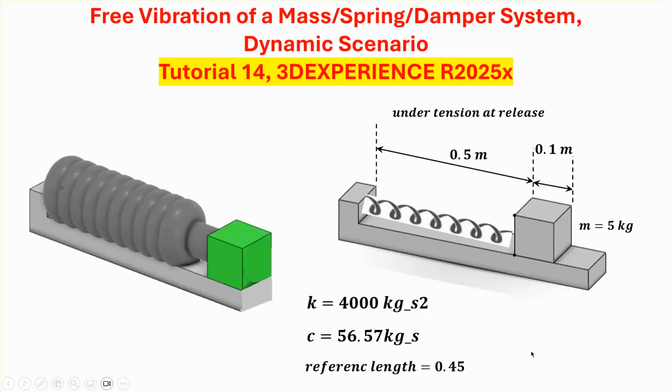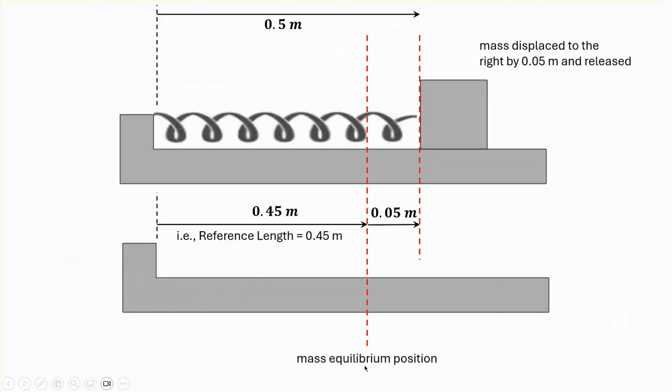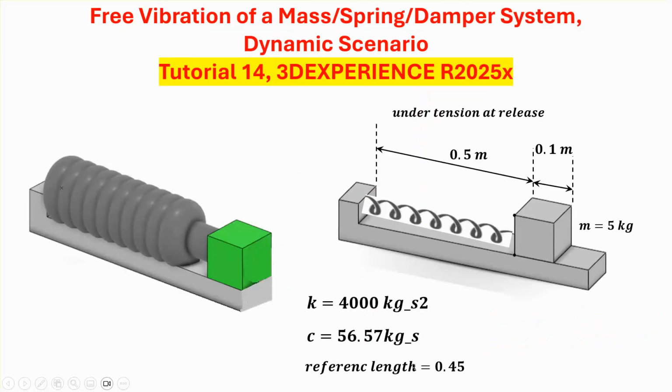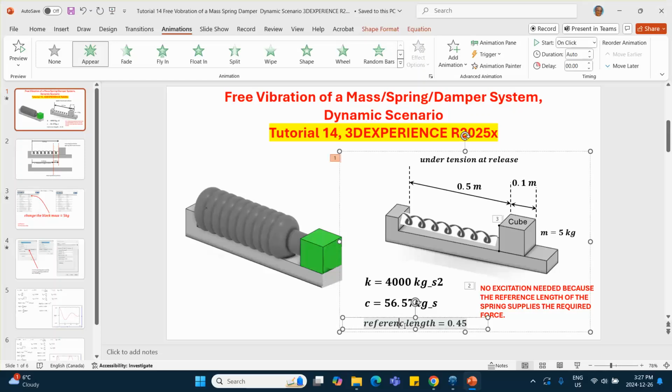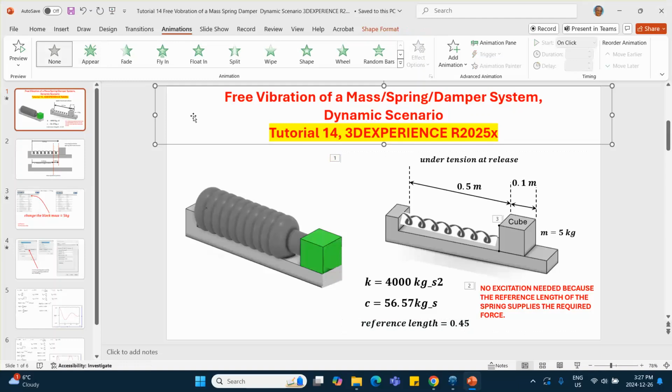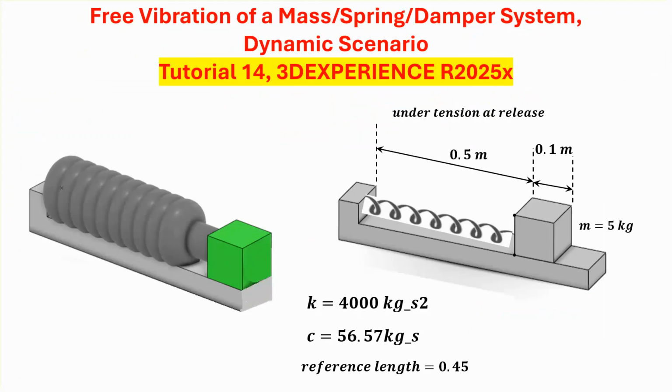What do I mean by that? Suppose I specify in the software that the reference length is 0.45. Suppose I specify that the reference length of the spring is 0.45. That drawing above tells you that the mass was actually displaced by 0.05 meter or 5 millimeter to the right and then released.